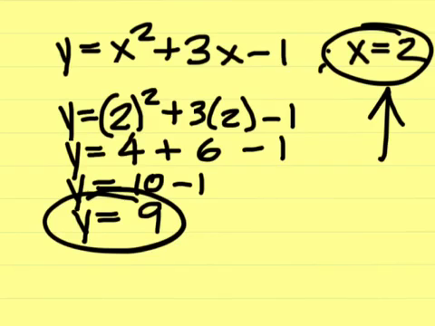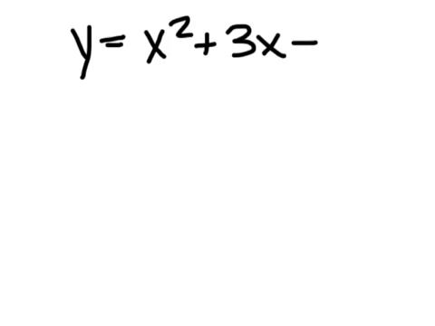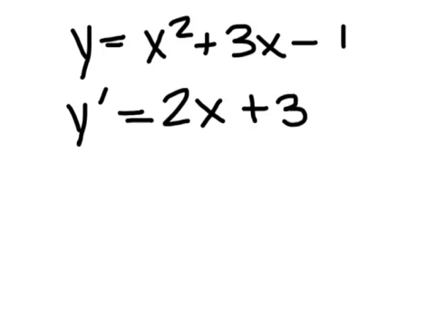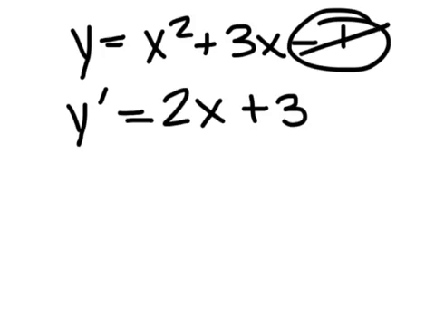Now, next, you have to find the derivative of the function. So remember, the function is y equals x squared plus 3x minus 1. To find the derivative, we will end up with 2x plus 3, and the back end drops off. It is now gone. Once you get the first derivative, then you have to evaluate the first derivative with the given point.